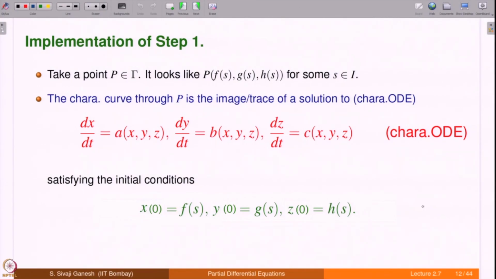It means that when you look at this gamma, you take at this point F(s), G(s), H(s). This is a 3-tuple, and then you pass a curve through that. That will be denoted by x(t,s), y(t,s), z(t,s).